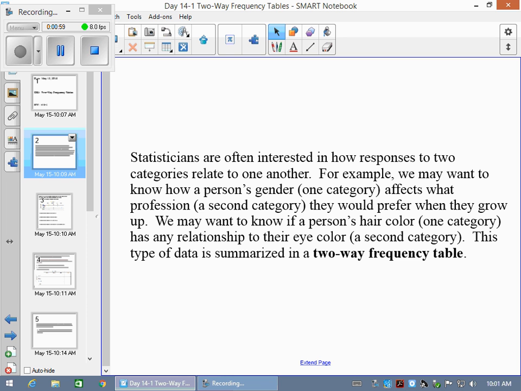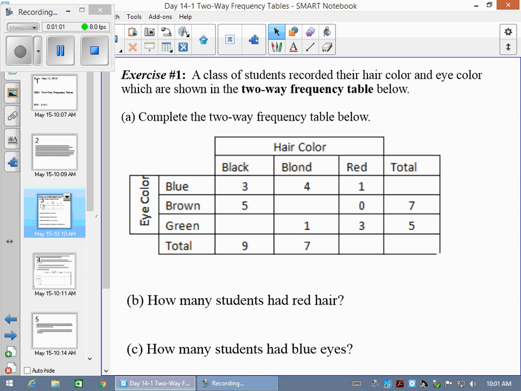So the first thing we're going to do in exercise 1 is take a look at a table that involves a class of students that reported their hair color and their eye color in this frequency table. What we want to do first is complete it so that we have all the information necessary. When I complete a frequency table, we just really want to look for the blank spaces. The first thing I see is a blank total box next to eye color for blue eyes.